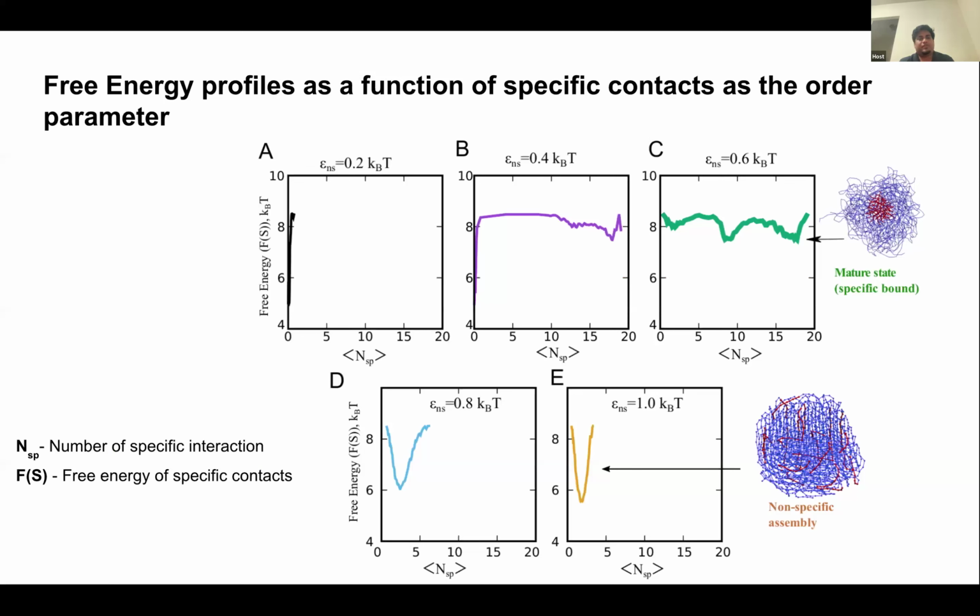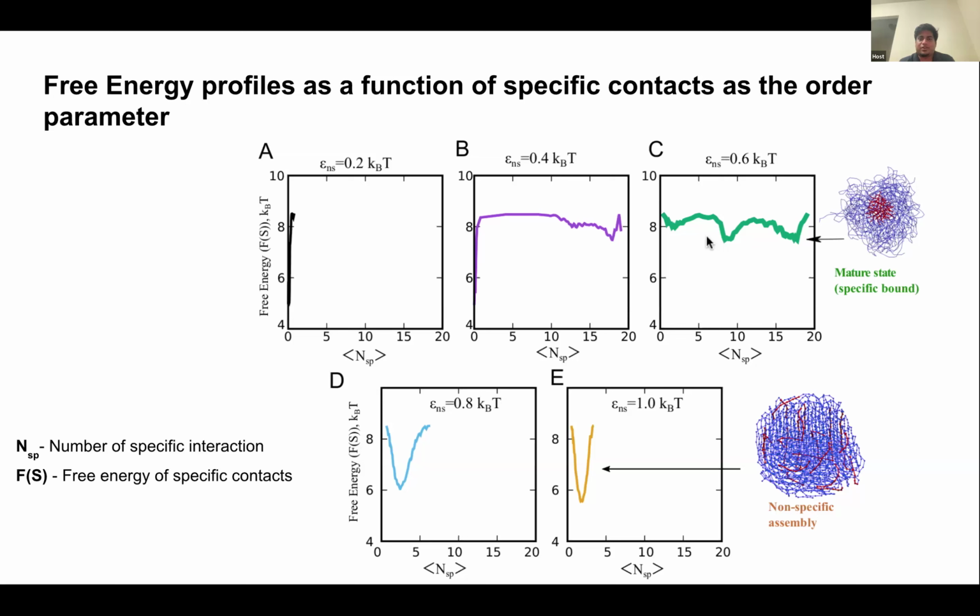We also quantified this using another simulation, a replica exchange simulation where we varied the temperature of the system, around 100 degrees Celsius, and we tend to form different clusters in a similar 30-polymer simulation. These are the free energy graphs plotted for the specific interaction, which again gives a similar result.